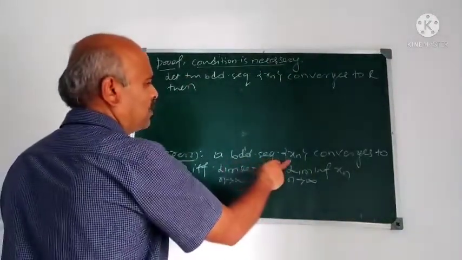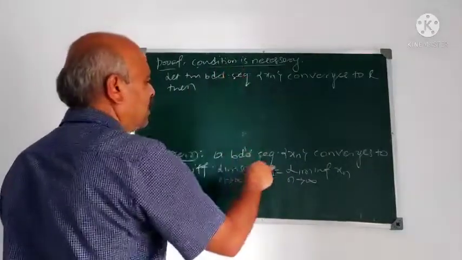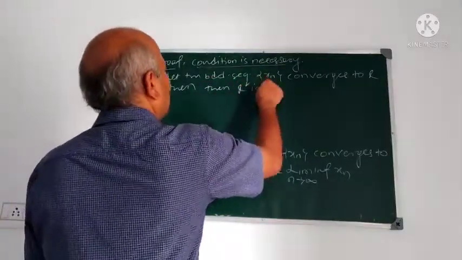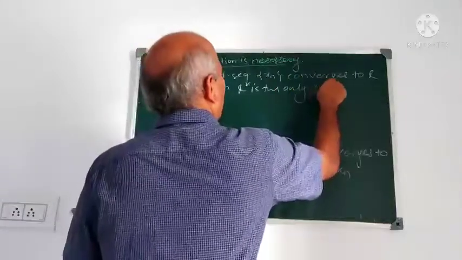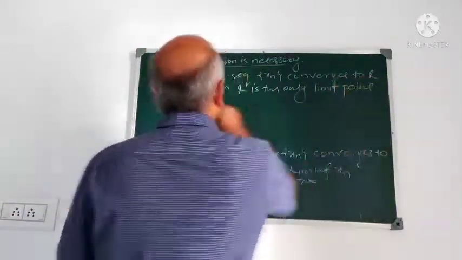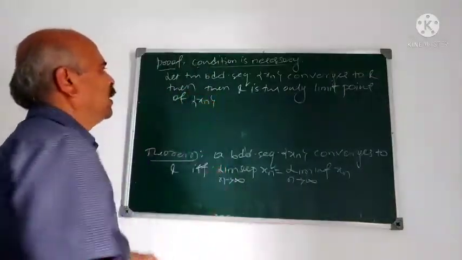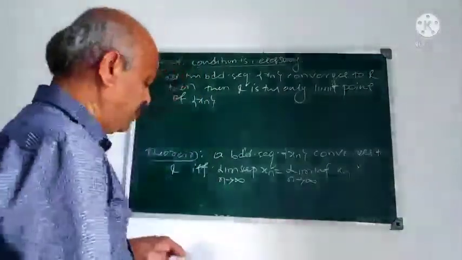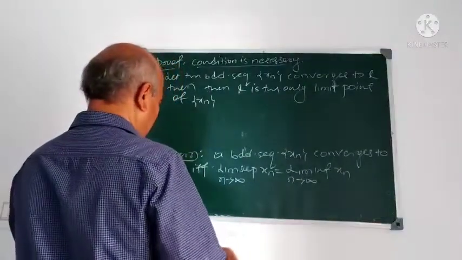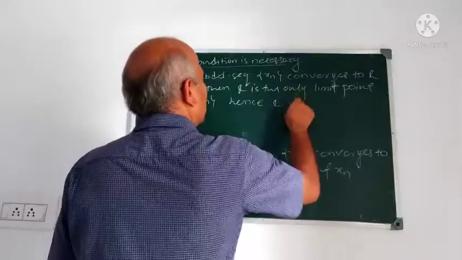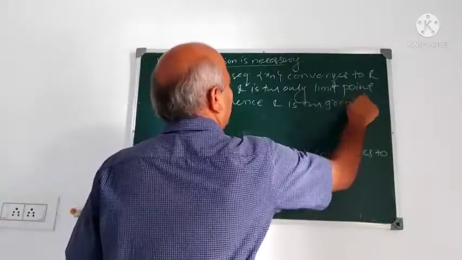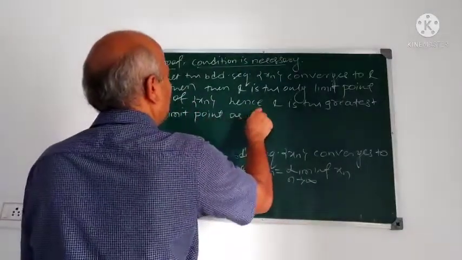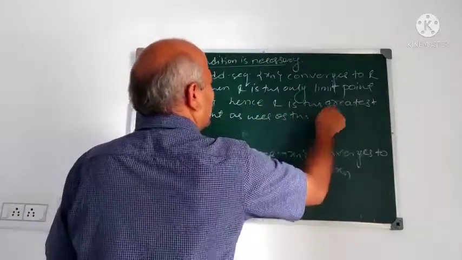Suppose xn converges to L. Then L is the only limit point of the sequence, because if there is a unique limit point, then it is called the limit of the sequence, and we say that the sequence converges to L. Hence, L is the greatest limit point as well as the smallest limit point.